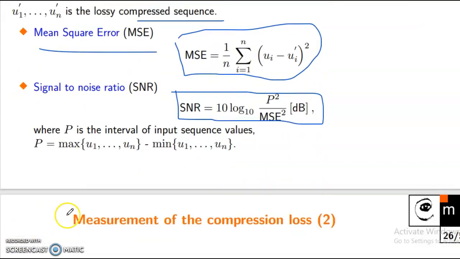P is the interval of the input sequence values, P equals maximum of U1 to UN minus minimum of U1 to UN.